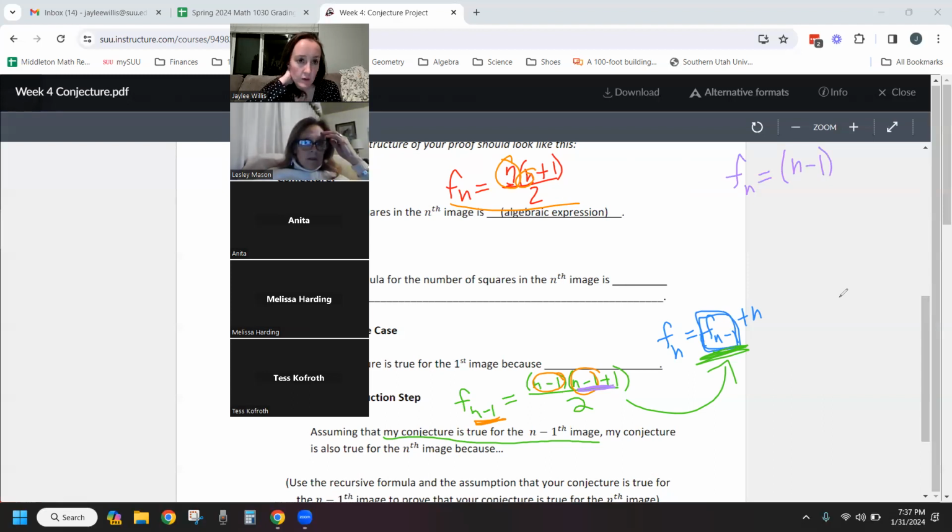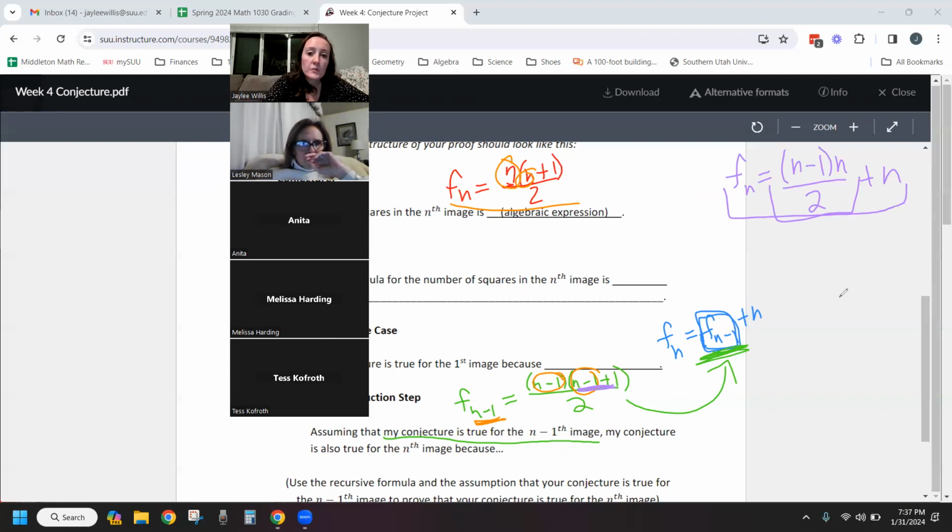Like if we have n minus 1 plus 1, what would be another way of writing that? Yep, you could just say n. So that is a simplified version of the green stuff. And then we add n to that because you take the previous term. This is representing the number of squares in the previous term, and you just add n squares to that. So this expression describes how many squares are in the nth term.